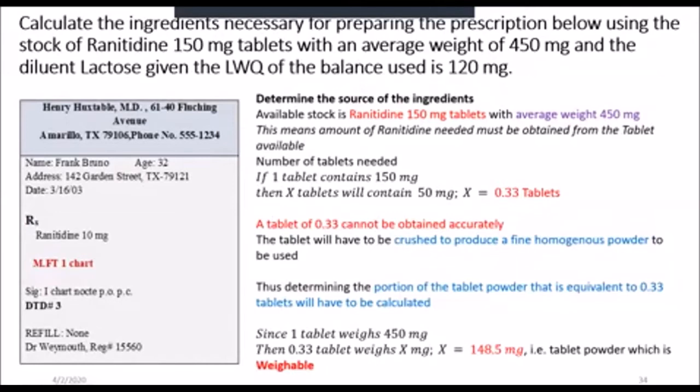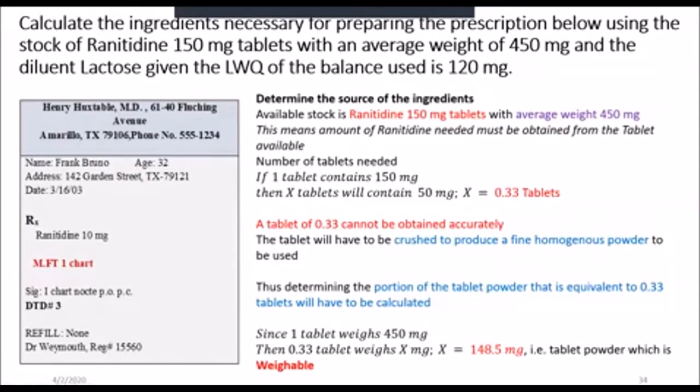Luckily for us, we have the average weight. Also, we're not going to use the tablets as a whole, we are going to crush it to fine powder to be used to make our charts. So if we crush the tablets and we know the average weight of one tablet, then we can determine the amount of tablet powder that will be equivalent to 0.33 tablets.